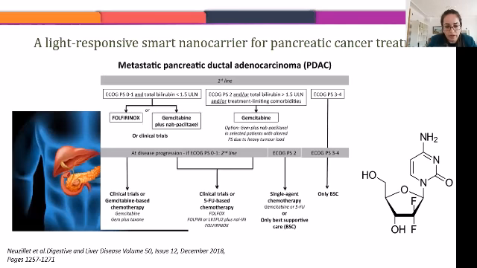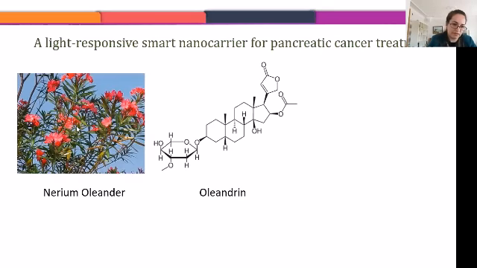One is oleandrin. Maybe you have seen this flower in Mediterranean areas, on all the roads. We call it Nerium oleander; this is the biological name. Nerium oleander is a tropical plant, and a material inside it called oleandrin is known as a therapeutic molecule which can be effective in many different cancer types.